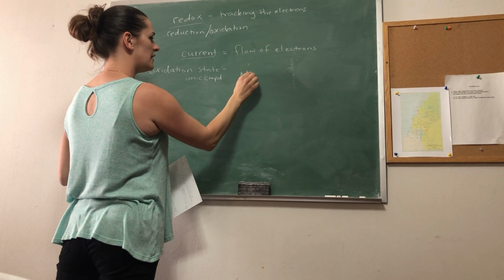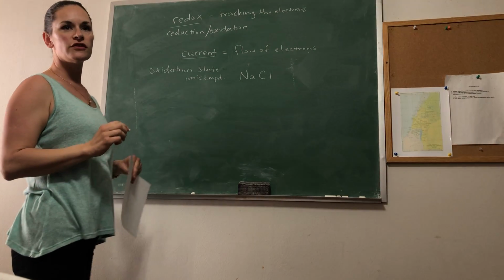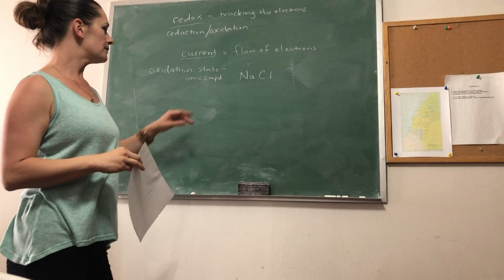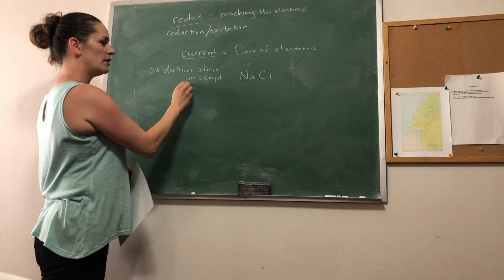So an oxidation state for an ionic compound, like NaCl, is just the charge on the ion. Remember, an ionic compound is a metal bonded with a nonmetal.